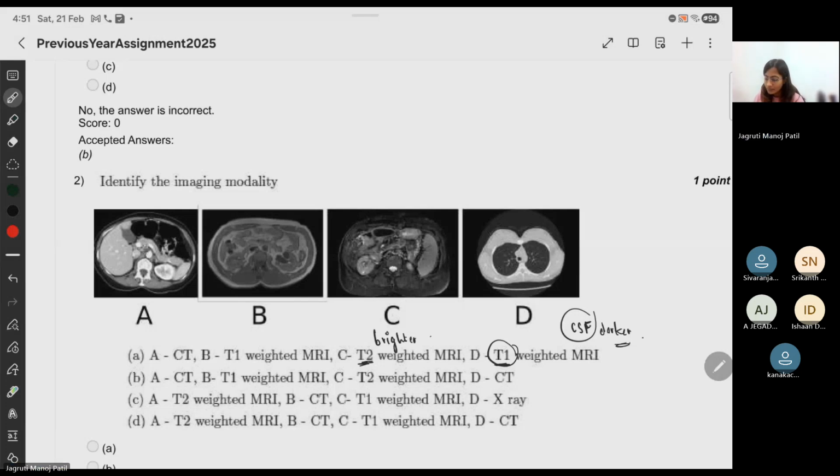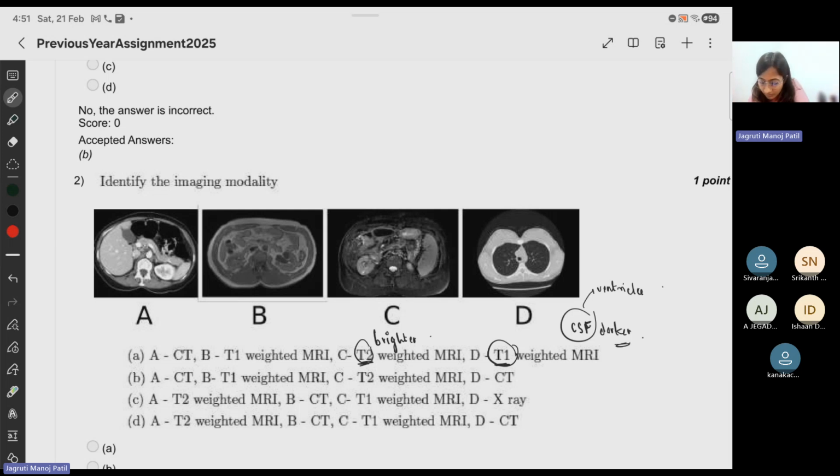So there are contrast differences because of an extra half spin in T2, but how it works we'll look at in the lecture in more depth. So in this case, the CSF is nothing but the ventricles that you are trying to look at. And CT, you all know that it's essentially normalized whenever we look at CT.